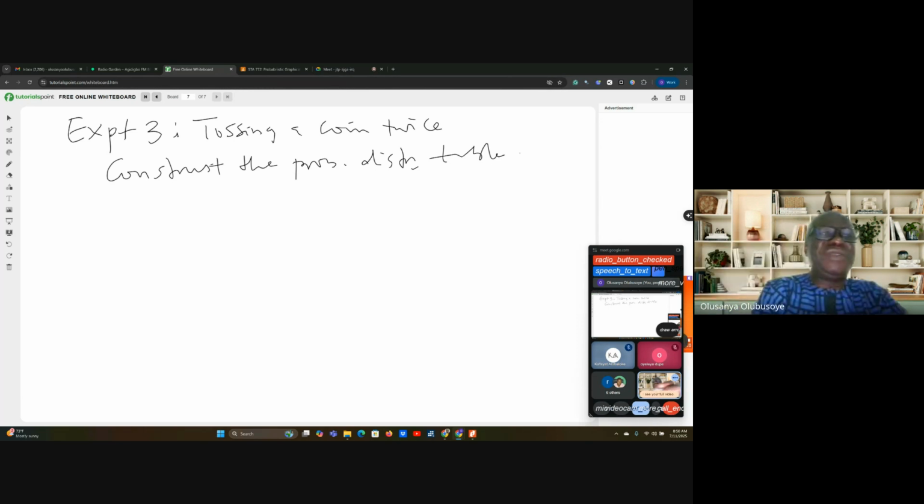So, first of all, we might, as usual, talk about the experiment and look at all possible outcomes. So, let's say in the first toss, you will have a head or a tail. So these are possible outcomes, and this is the first.